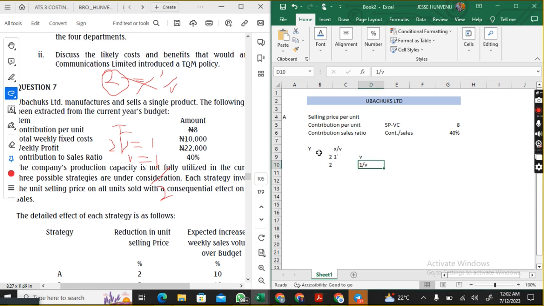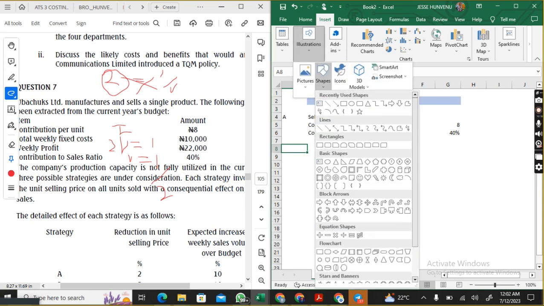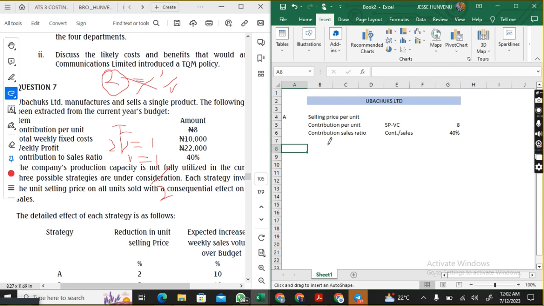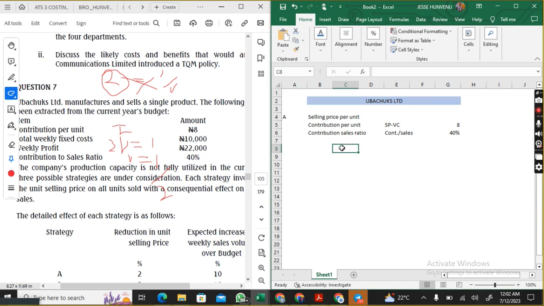So what we now need to do is this. Contribution sales ratio, or let me say CSR, equals contribution per unit all over sales.